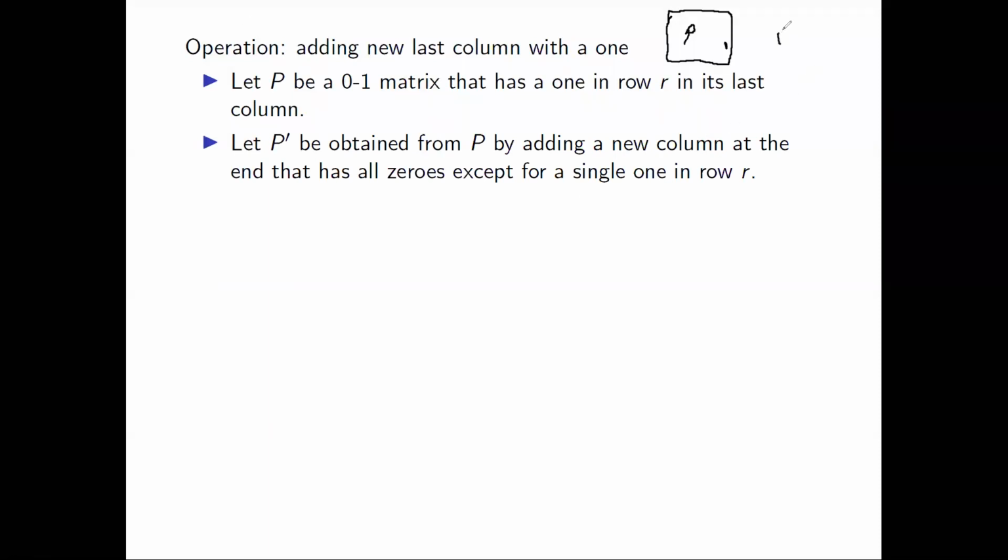We take P and then we add on a new column. The new column only has a single 1. All the other entries are zeros. And that 1 is next to the 1 in row R.